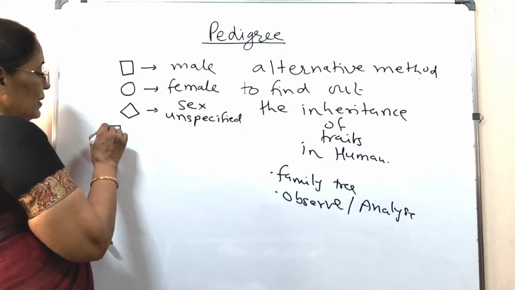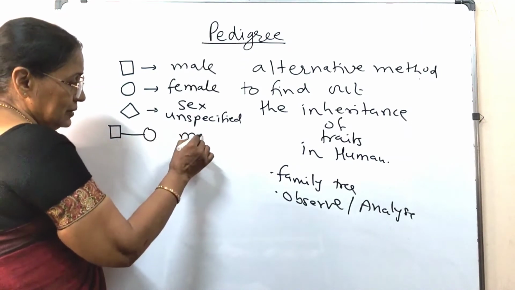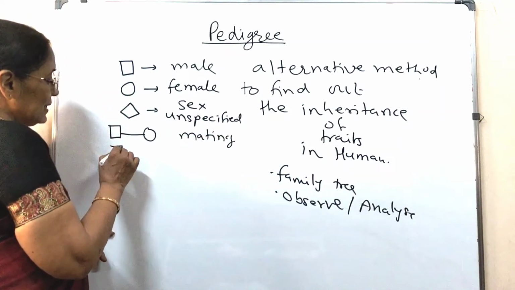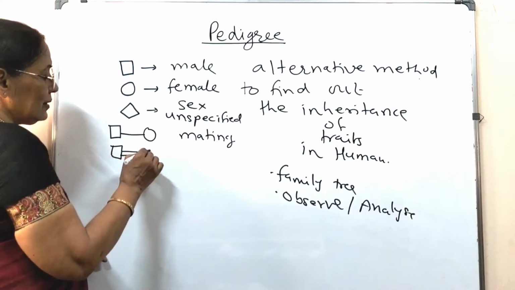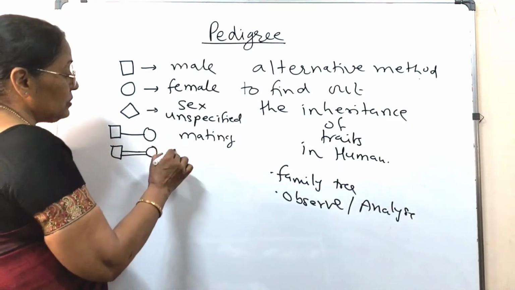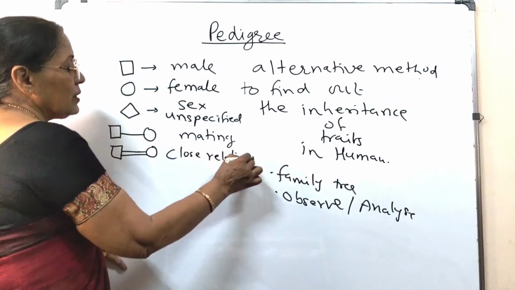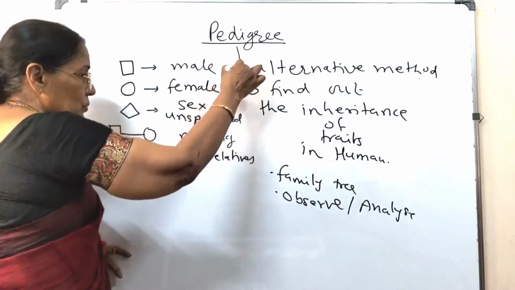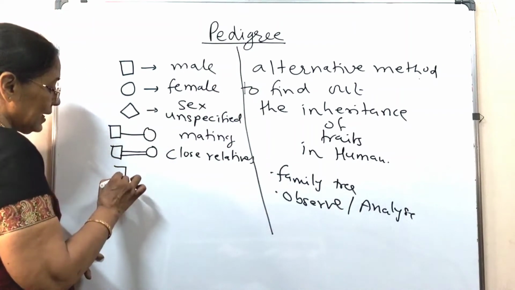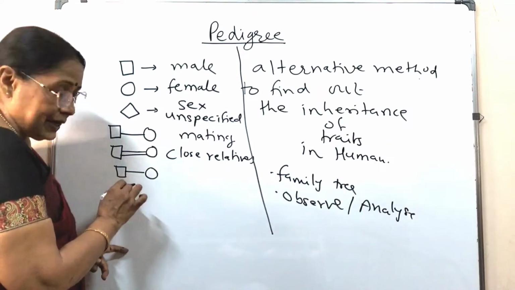Then when these two are drawn and there is a line in between, this means there is mating, the marriage. If this line is double, this means that this mating is between very close relatives. When we have to show the offsprings, first we show the parents and we show the mating.